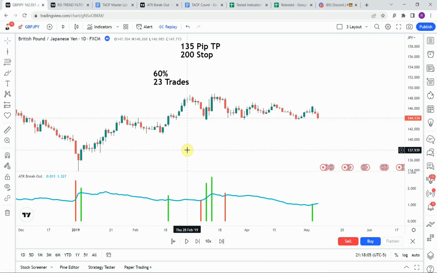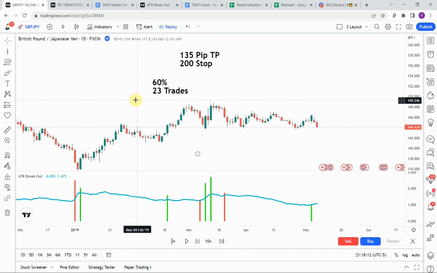Okay, so today we are looking at an advanced testing of the ATR breakout indicator. In the original testing, it was able to do a 60% win rate with 23 trades in the 1 year's time.